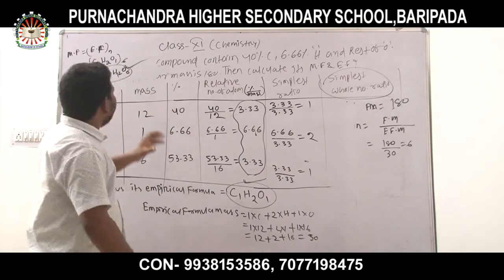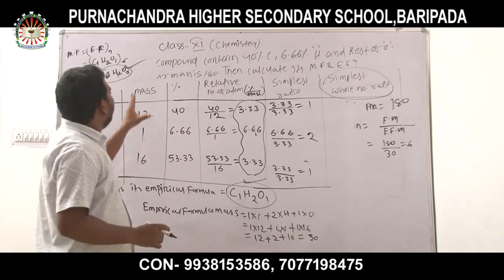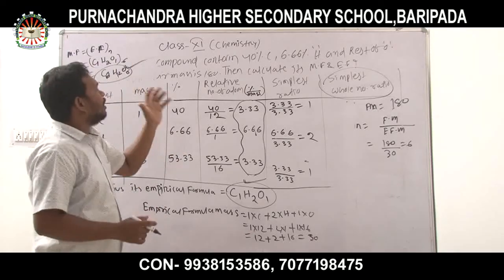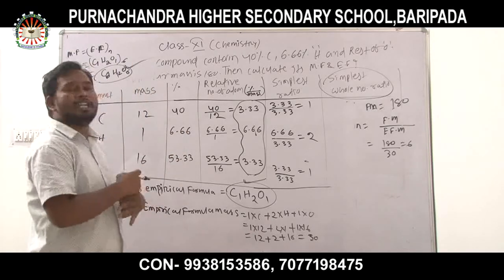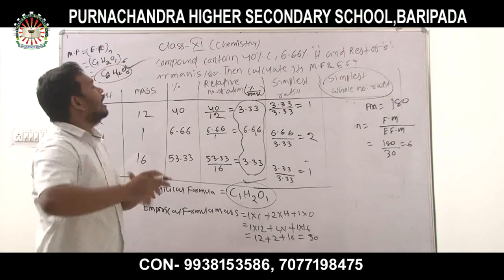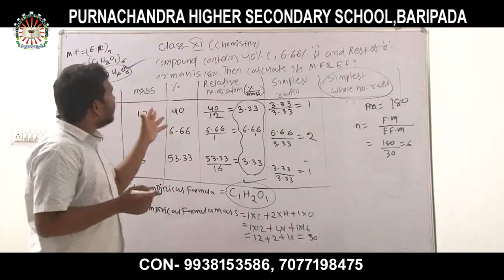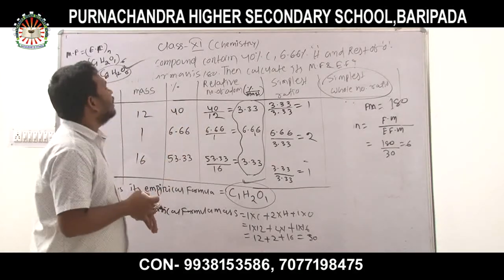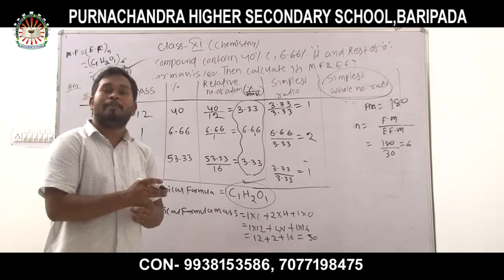Again, I repeat: the question is that an organic compound contains 40% carbon, 6.66% hydrogen, and the rest oxygen, and its molecular mass is 180. Calculate its molecular formula and empirical formula.